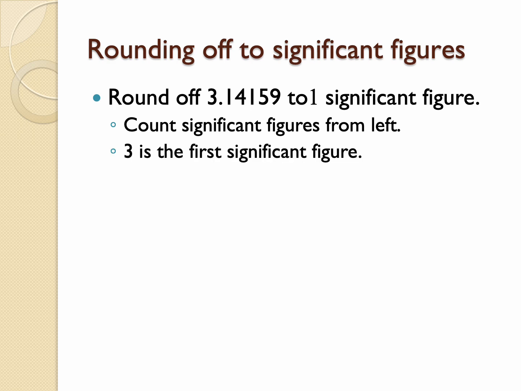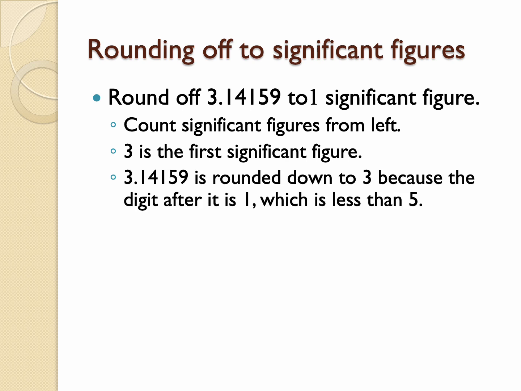We find 3 is the first significant figure, and since we must round off to just one significant figure, we stop here and look at the next digit after it. The next digit is 1 because, as we see, we have 3.1. So the entire number is rounded down to just 3.